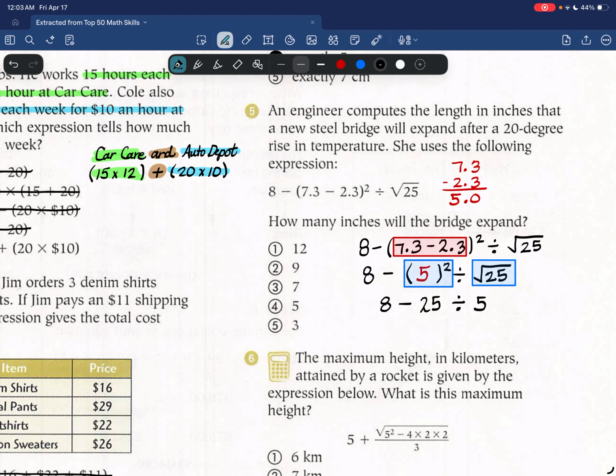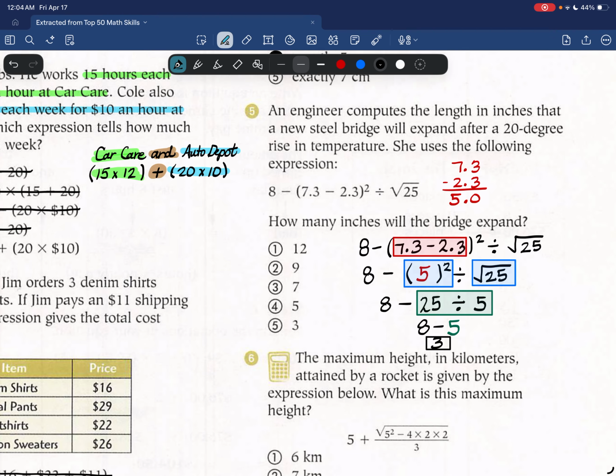Then you must do multiplication and division before add and subtract. So this comes next. And 25 divided by 5 is 5. And then you're ready to finish this problem. 8 minus 5 is 3.